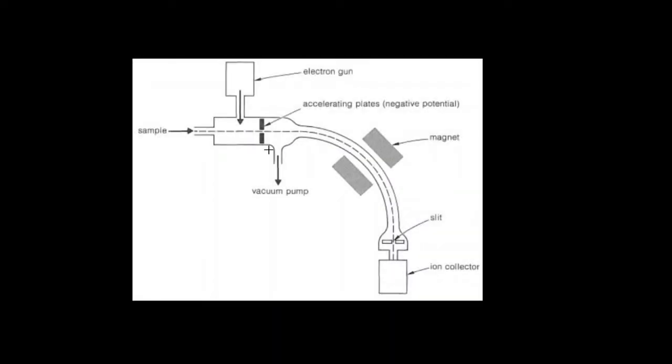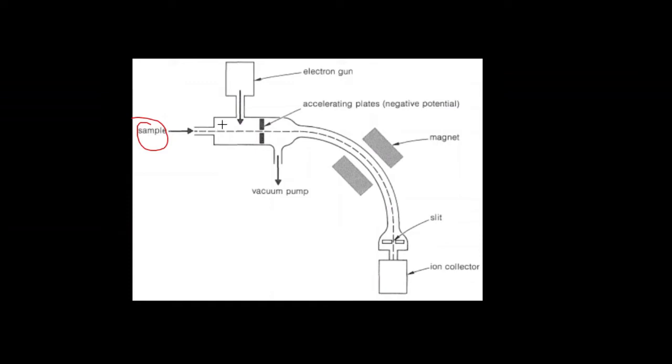Before going over the two steps involved in mass spectroscopy, we need to first understand how we are collecting the data that is given to us. This data is found through a mass spectrometer, and this machine right here is the mass spectrometer. There are four different steps that occur in the mass spectrometer. First, we will have our sample go in right here, and it could be any element.